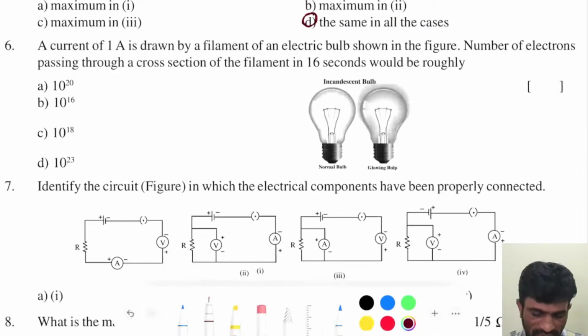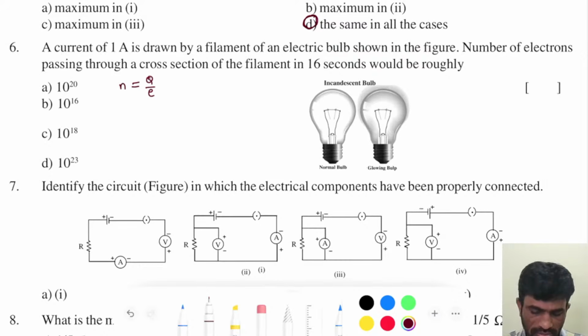So we will be having one formula here to find the number of electrons. Number of electrons is Q by e, that is, charge by charge of an electron. Here charge we have to find out because charge is not given.